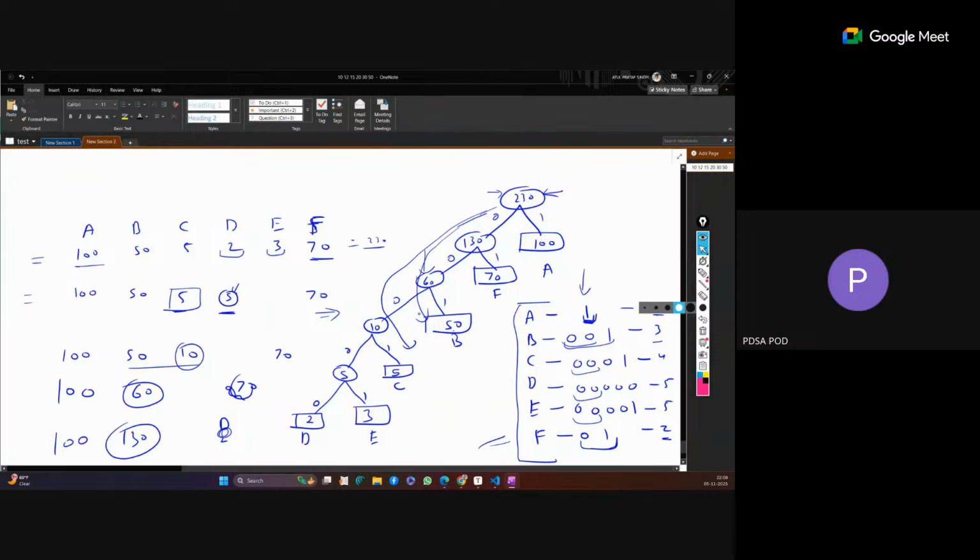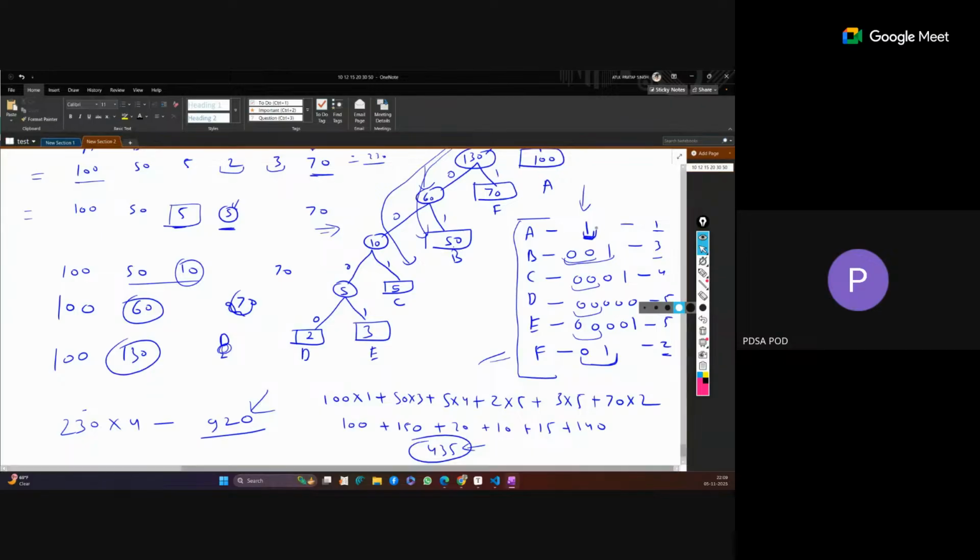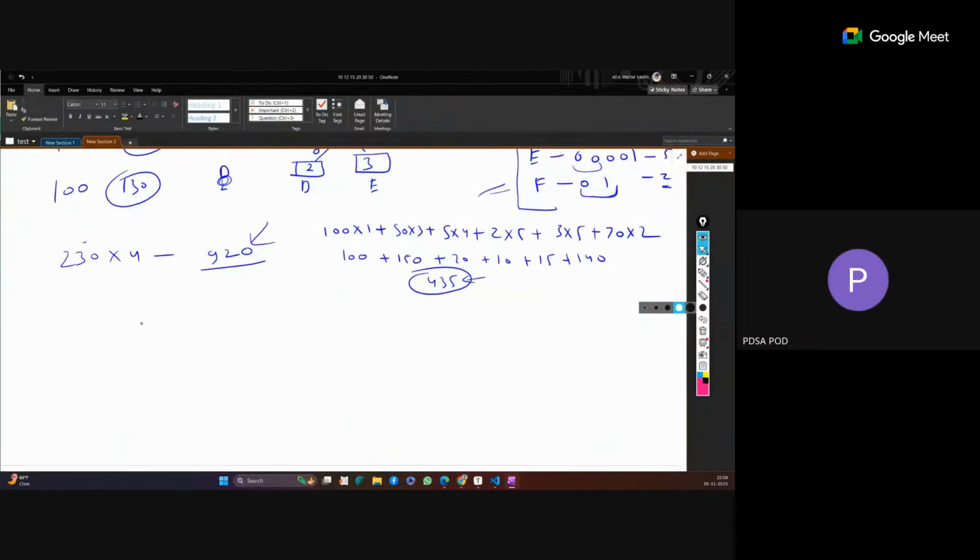So questions are asked like this. You will get a frequency or probability for some characters A, B, C, D. The frequency will be given either as a simple integer value, or maybe as a probability like 12.5, 13 point something.